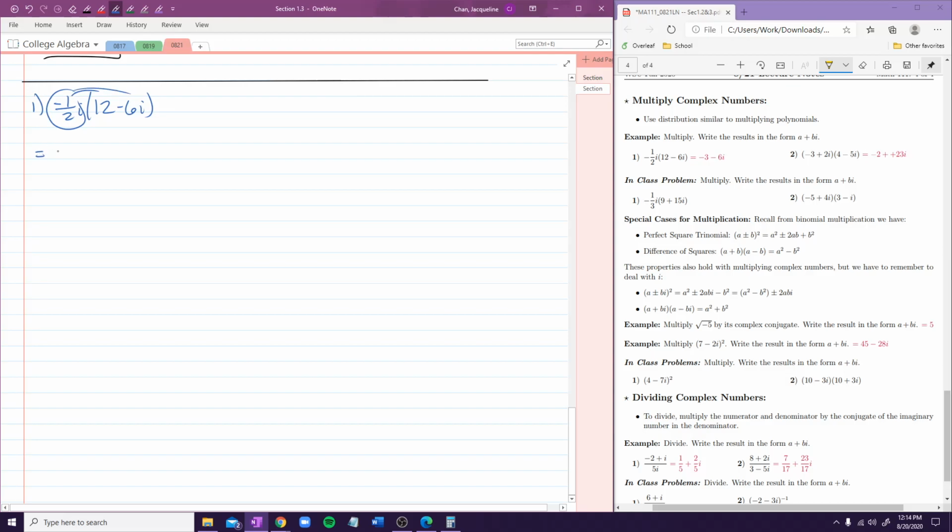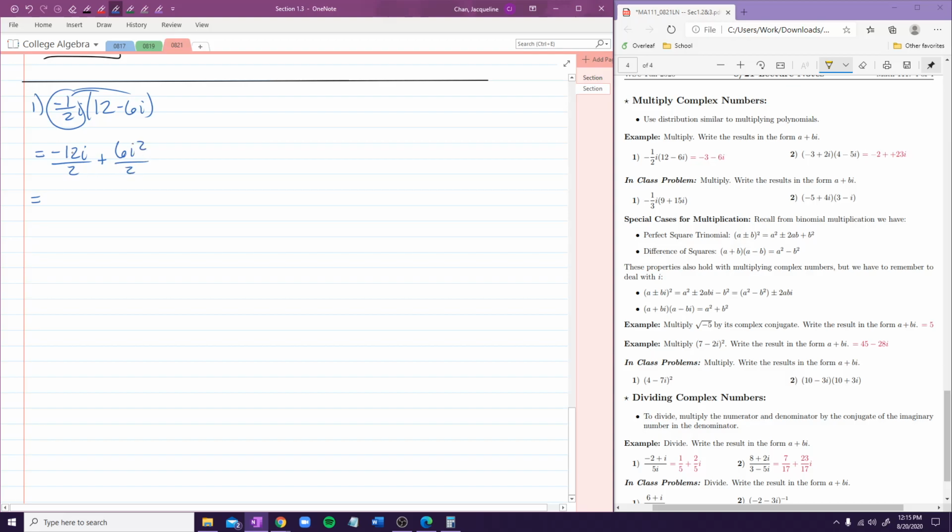When I do that, I get negative 12i over 2. And then negative times a negative is a positive, so this is going to be 6i times i over 2, which is 6i squared over 2.